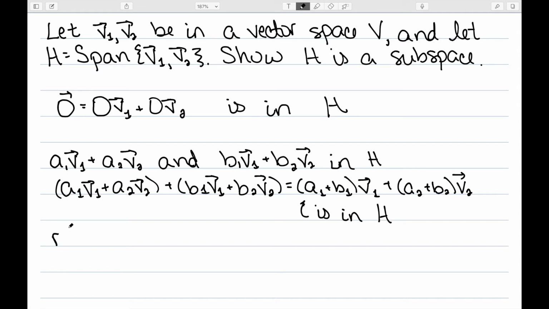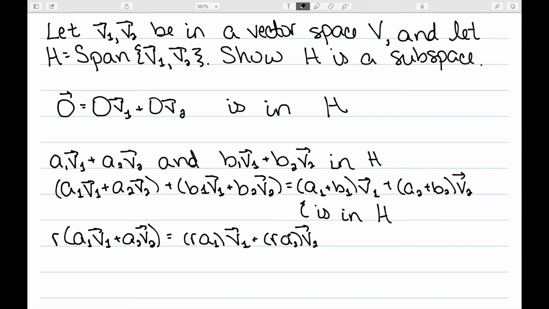The next one, I need to be able to multiply this vector, a1 v1 plus a2 v2, something in H, by r. That would give me r a1 times v1 plus r a2 times v2.